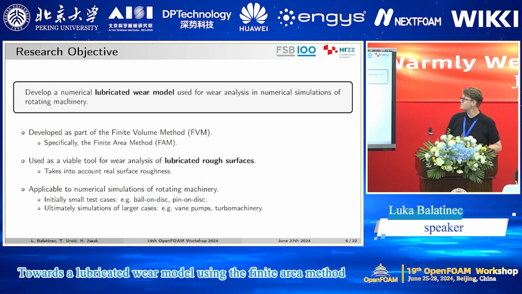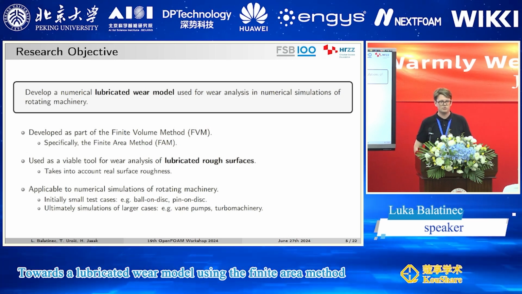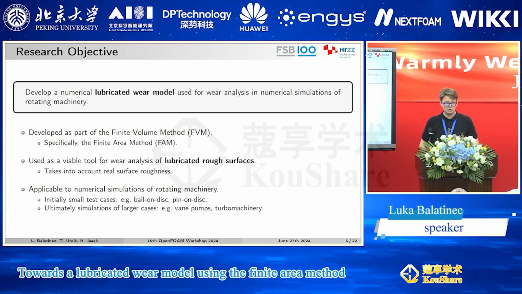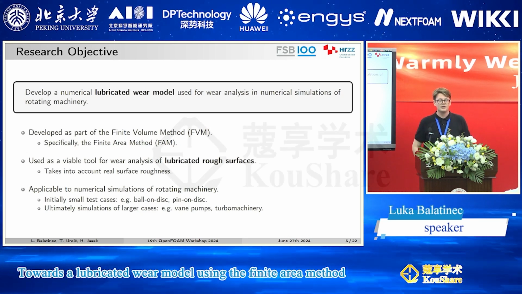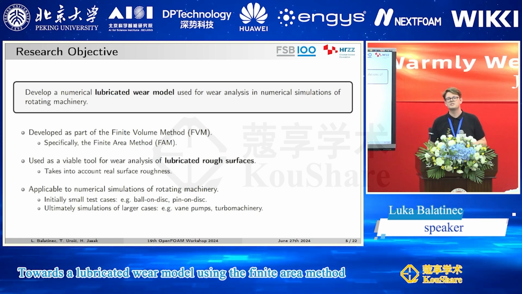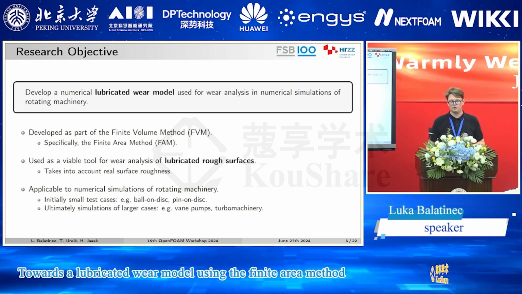This brings us to our research objective, which is to develop a numerical lubricated wear model which can be used for wear analysis in numerical simulations of rotating machinery. This model is being developed as part of the finite volume method, or to be more precise, using the finite area method, which is a two-dimensional counterpart to the finite volume method.